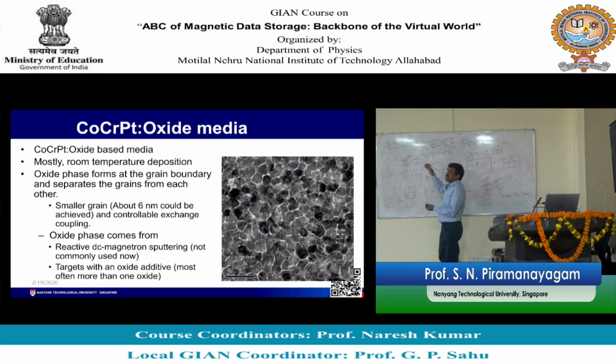But there is a limit, you cannot keep on increasing platinum and keep on increasing the anisotropy, there is some limit. Okay, by playing with the platinum concentration, we improve anisotropy. By playing with these additive elements, we segregate the grains, and chromium we use a bit for corrosion properties.